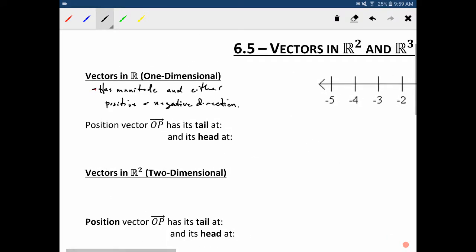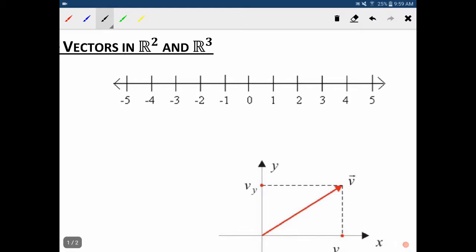Okay, so you would just draw it on a number line, and you start at 0. So this one has a magnitude of 3 and a positive direction. I could alternatively have one that's a magnitude of 2 and a direction that's negative.